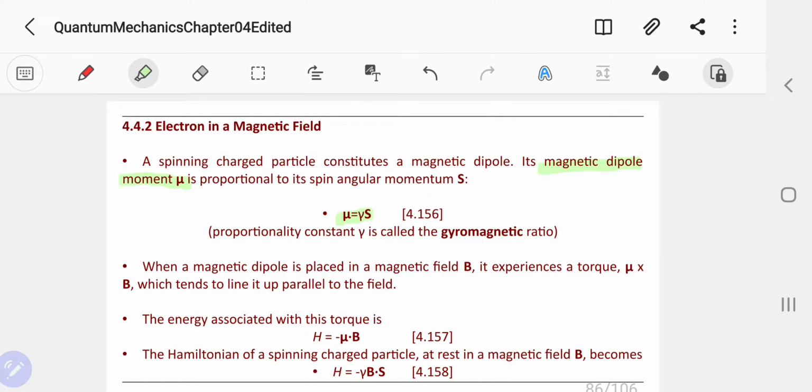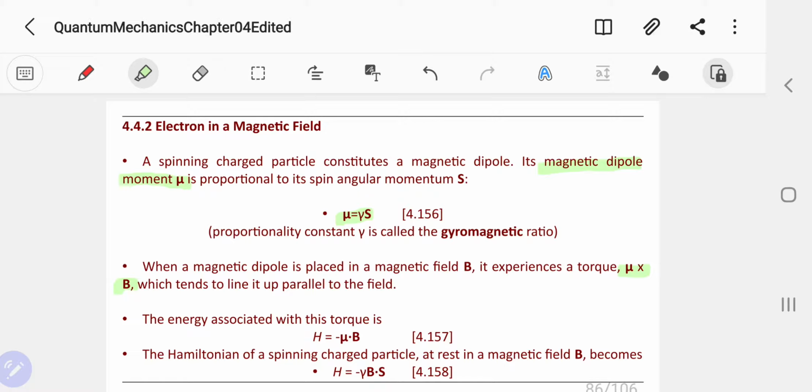When a magnetic dipole is placed in a magnetic field, it experiences a torque. And this torque is just given by mu cross the magnetic field. And this torque will tend to align the charged particles parallel with the magnetic field.